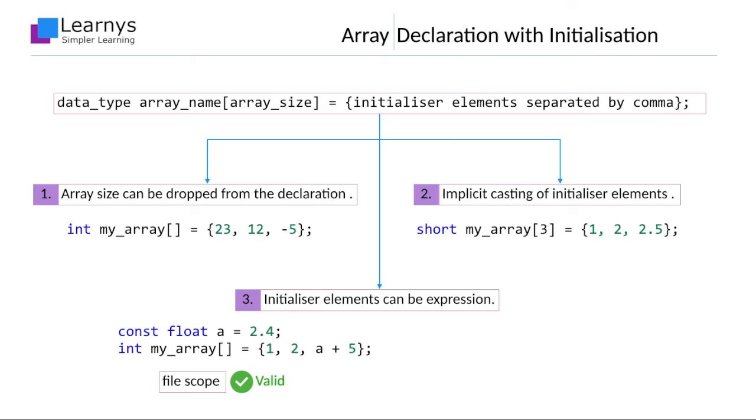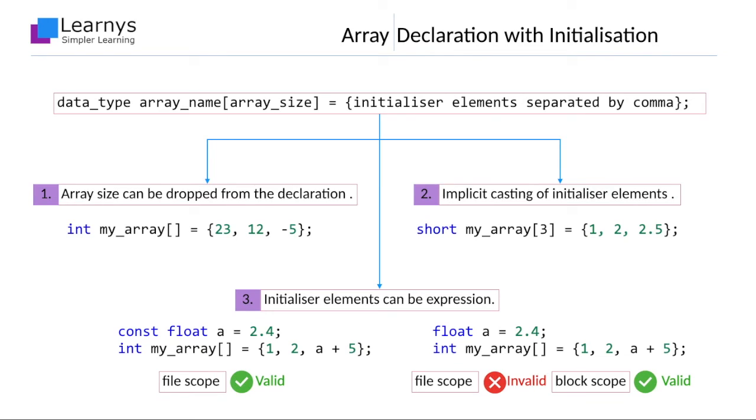This piece of code will work both in the file scope as well as in the block scope. And this piece of code does the same thing but does not make use of a constant expression. Contrary to the previous example, this piece of code will not work in file scope but will work in the block scope. For a detailed discussion on expressions and various scopes available in a C program, please refer to the videos on expressions and scope.